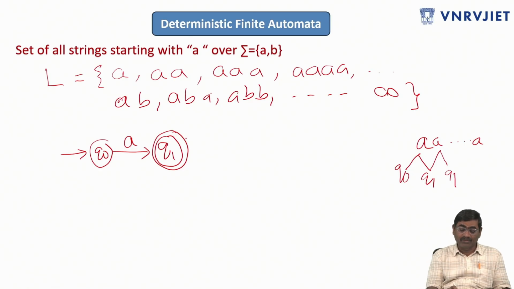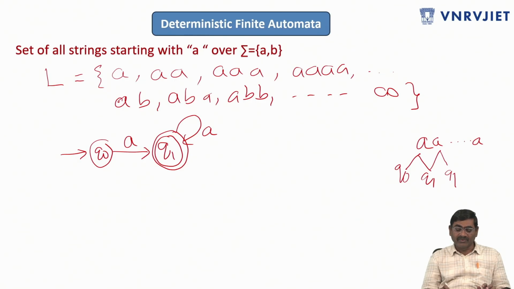Therefore I am going to draw one self loop on the state Q1. This diagram is a partial diagram accepting the language L. It can accept one A or one or more A's.